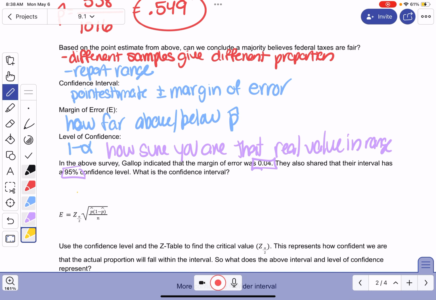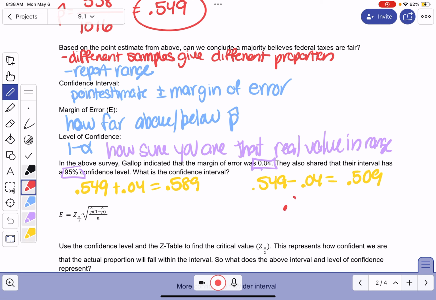So if our point estimate was 0.549, we're going to add 0.04 and we're going to subtract 0.04 to get our margin of error. So if we add 0.04, we get 0.589. If we subtract 0.04, we get 0.509. So that makes our range 0.509 to 0.589.